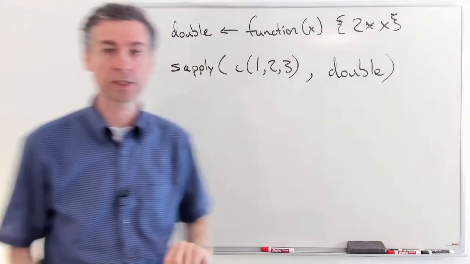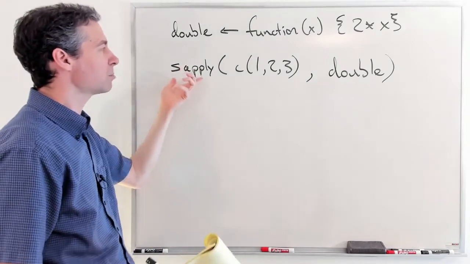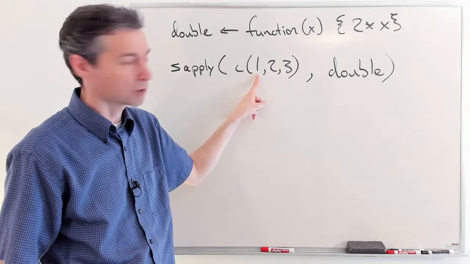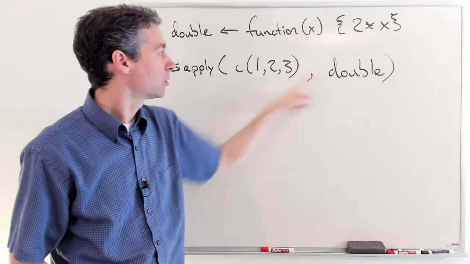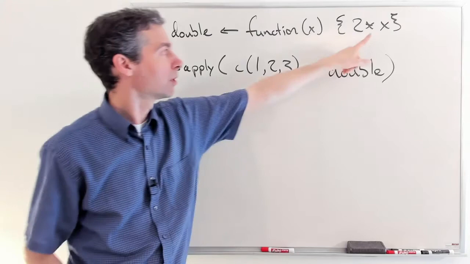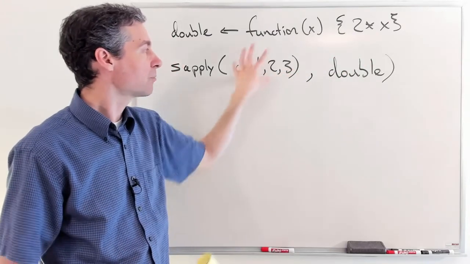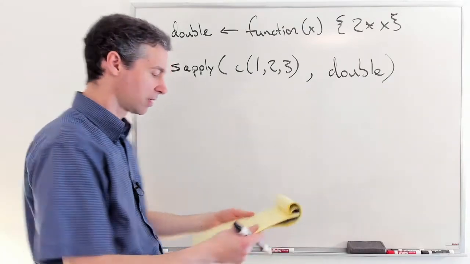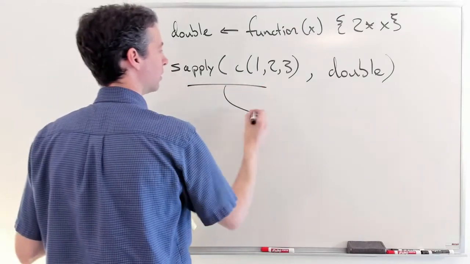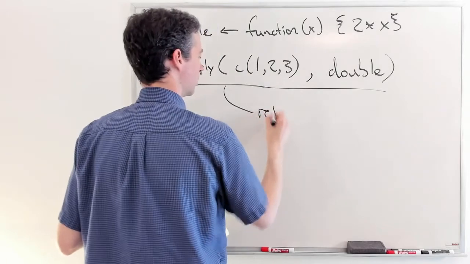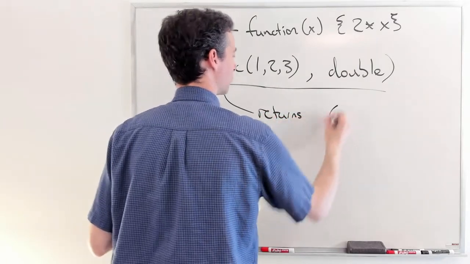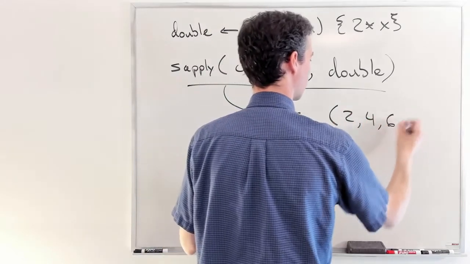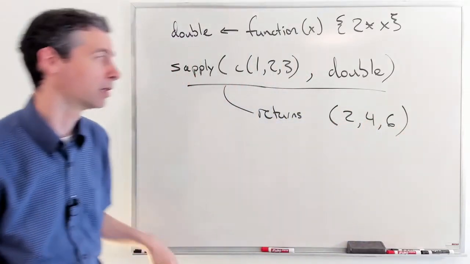Sapply's job is to apply double to 1, which will become 2, to apply it to 2, which will become 4, and apply it to 3, which will become 6, and return me back a vector then, which is 2, 4, and 6. So when this gets called, this returns as a value 2, 4, 6, a nice vector in R.